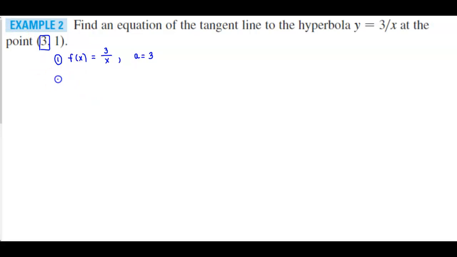So now we want to use definition number 2, where the slope m is equal to the limit as h approaches 0 of f of a plus h minus f of a, divided by h.